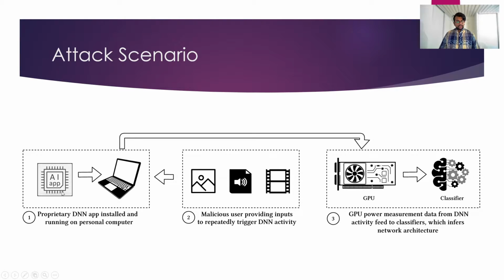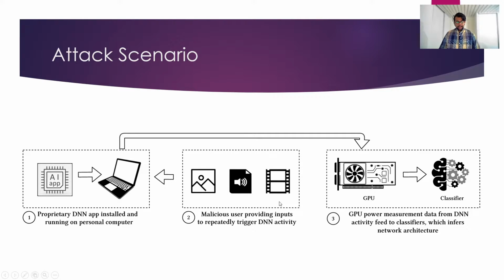So if a customer is using this on a laptop, and maybe it's processing some sort of image or audio or video, it's running on the GPU, because most neural networks run on GPU. And when it's running on the GPU, it draws a significant amount of power. So that's where we're going to focus.